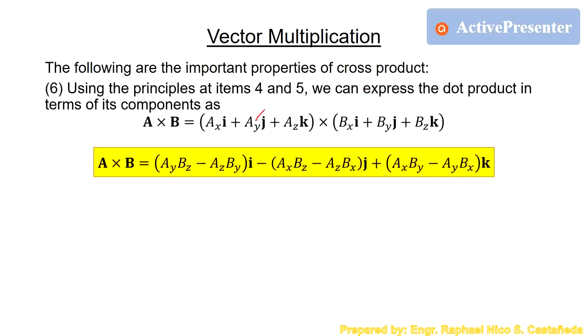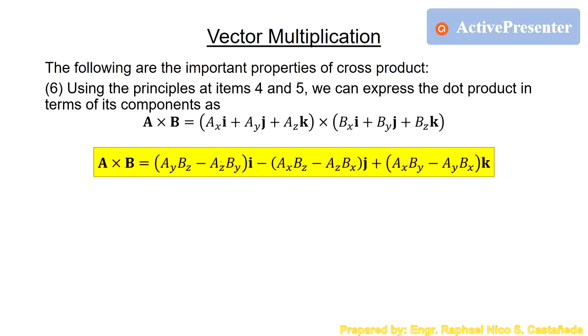The same goes here: AY BX, j cross i is negative k, so that is negative AY BX k. Also, j and j is 0, so we don't see AY BY here. AY BZ, j and k, gives AY BZ i.